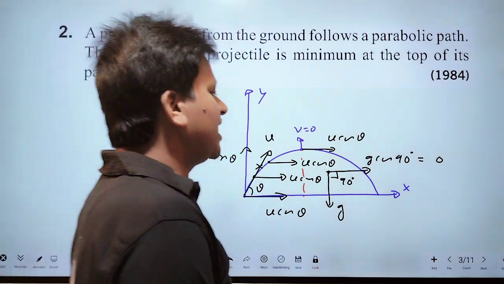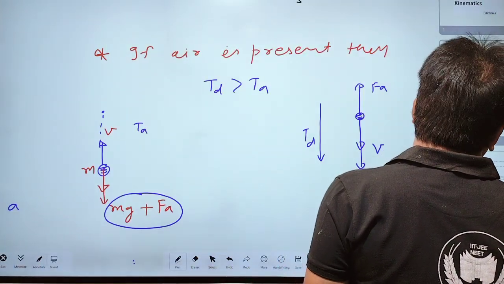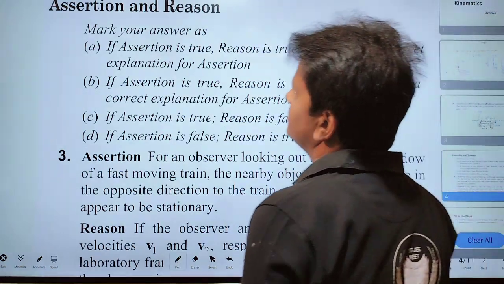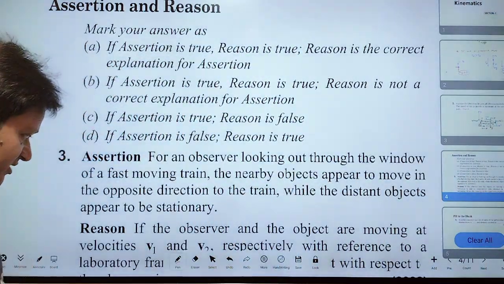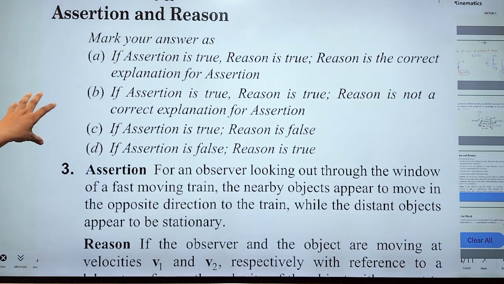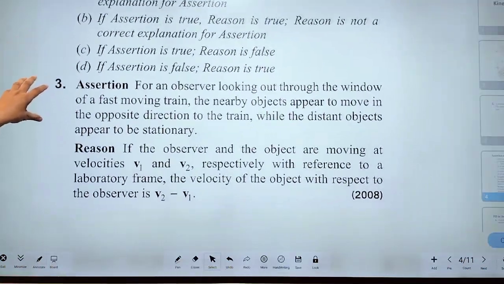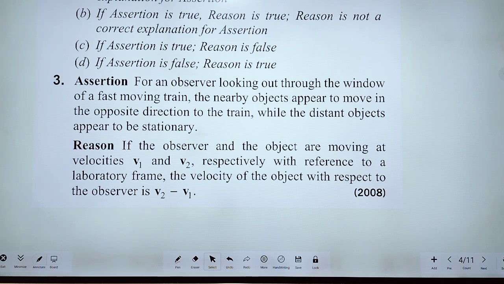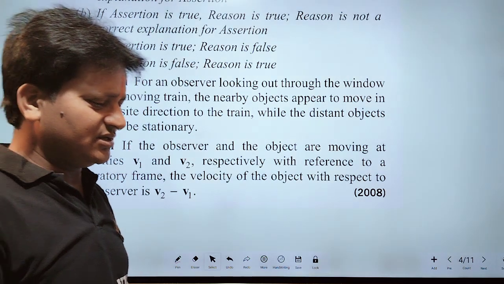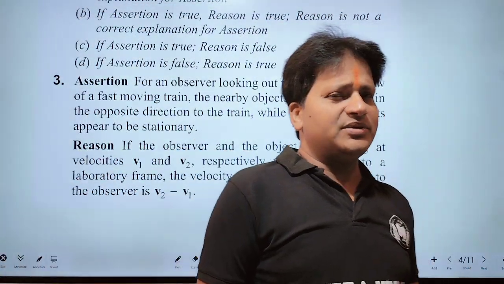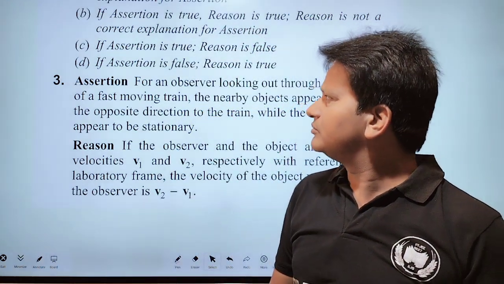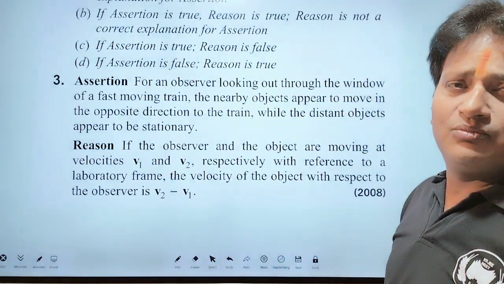Now I am going to solve question number 3. This question is based on assertion and reason. For an observer looking out through the window of a fast moving train, the nearby objects appear to move in the opposite direction to the train, while the distant objects appear to be stationary. You can observe this from the window of a moving train.